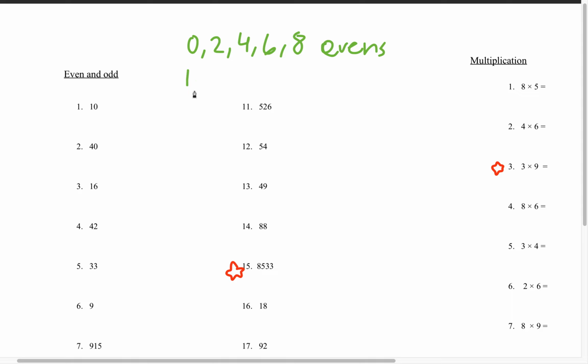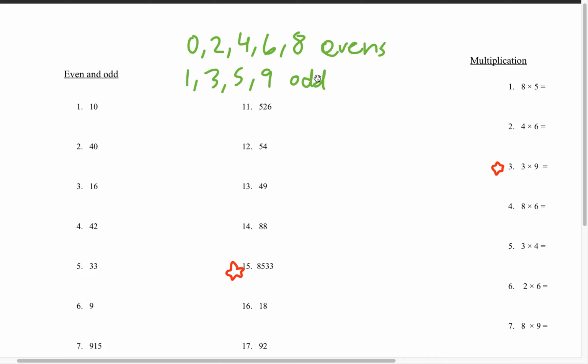And any numbers with 1, 3, 5, 7, 9, these are going to be odd numbers. So look at the number all the way at the right, the end number, and if it matches one of these, then it's considered even or odd.